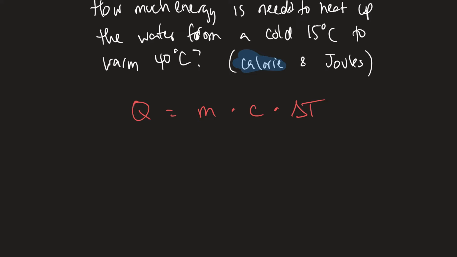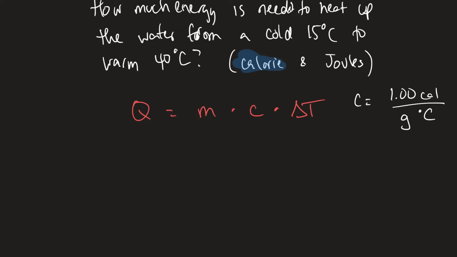All right. And so in calories, the specific heat of water, C for water, is 1.00 cal per gram degrees Celsius. Okay, so that's the specific heat for water in this case.